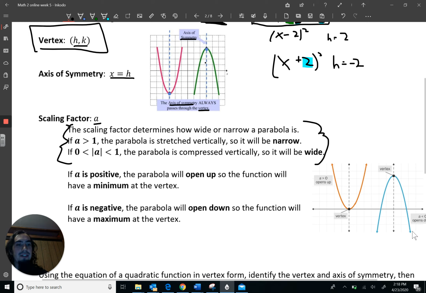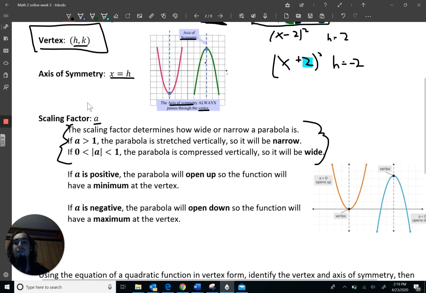No, it doesn't. It just keeps going down, down forever. But it does have a top. It comes to some peak, and that top point is as high as it gets. That's where our vertex is. So this is a maximum value. That's as high as we're going to get right there. So we know positive values for a mean up like this, and that gives us a minimum, and negative values mean down like this, and that gives us a maximum.